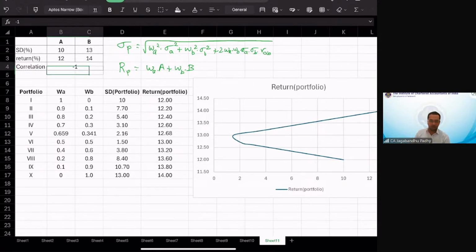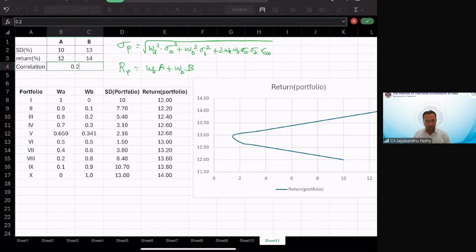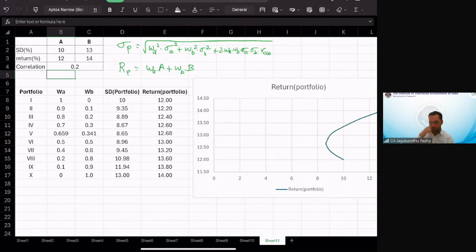So the shape of the curve depends on the correlation. The lower the correlation, the more the curve will be on the left side, or I can say the lesser amount of risk can be created.